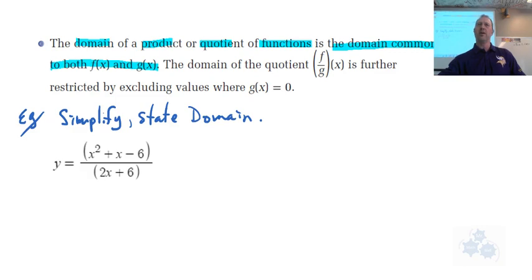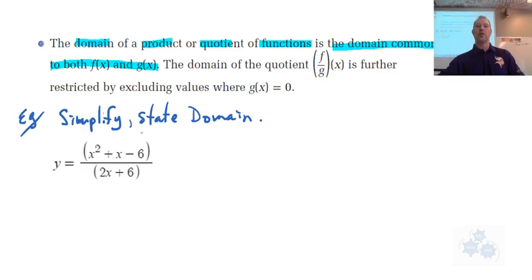Do you guys remember us talking about that yesterday? So if we combine functions at all, the domain, that is all the allowable values of x, for that combined function has to come from the valid domain of each of the functions that make it up.